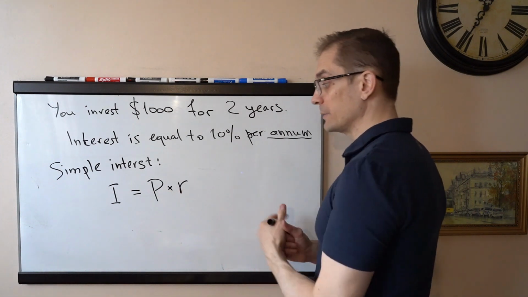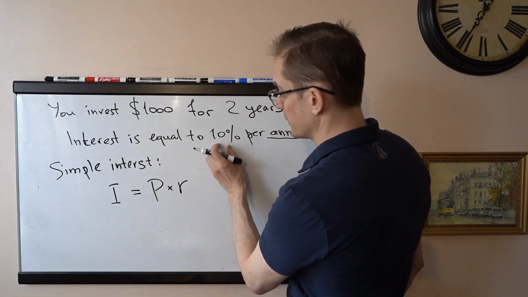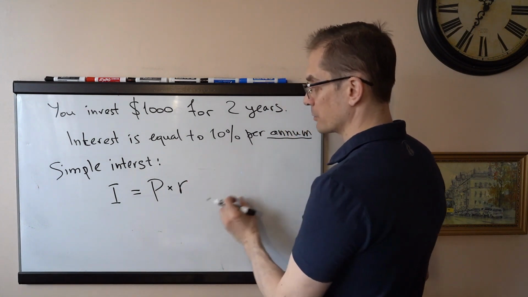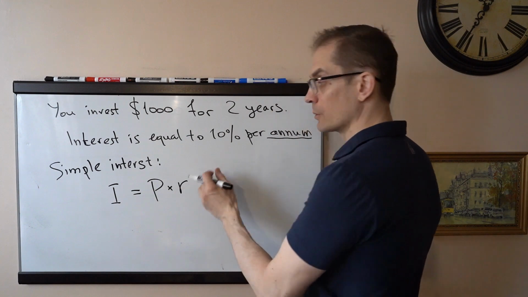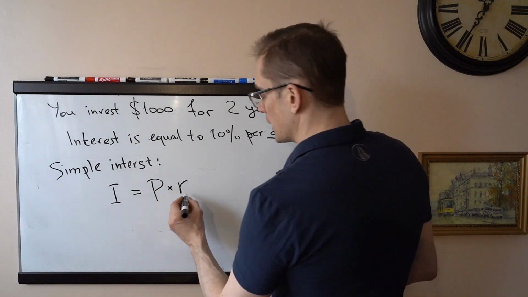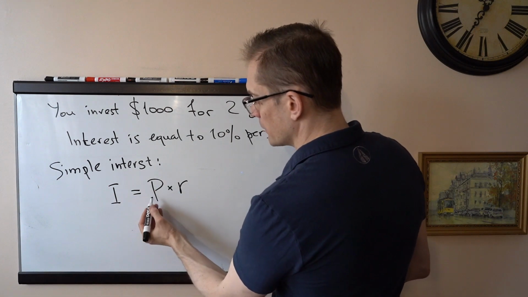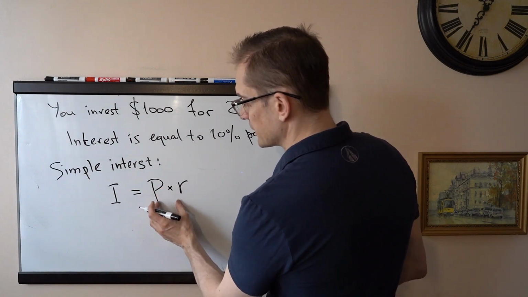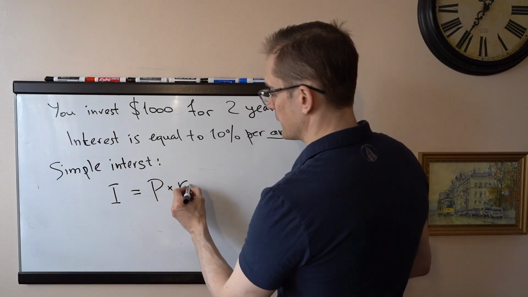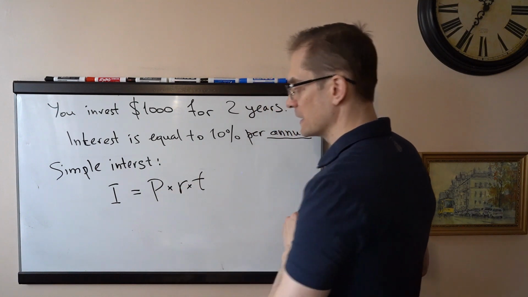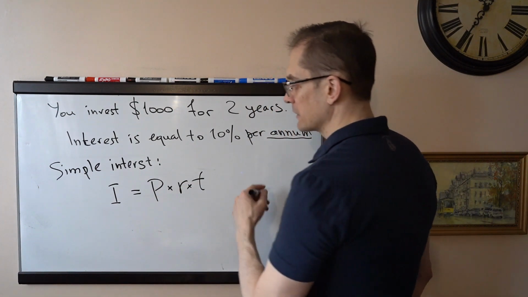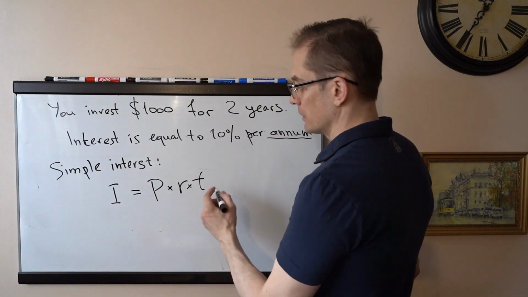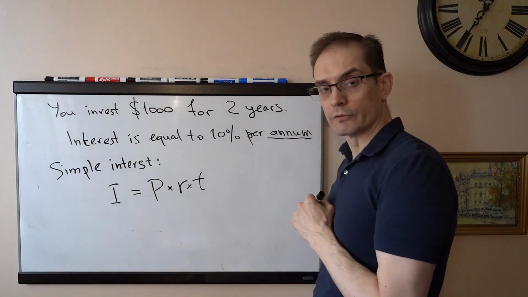So rate per 1 means that if I have here 10%, so this R small is rate per 1 corresponding to 10%, so this R small is 0.1. But that, if you multiply principal by the rate per 1, you would get interest per year. Then you will need to multiply that by the number of years to get the total interest you would earn over the term of T years.